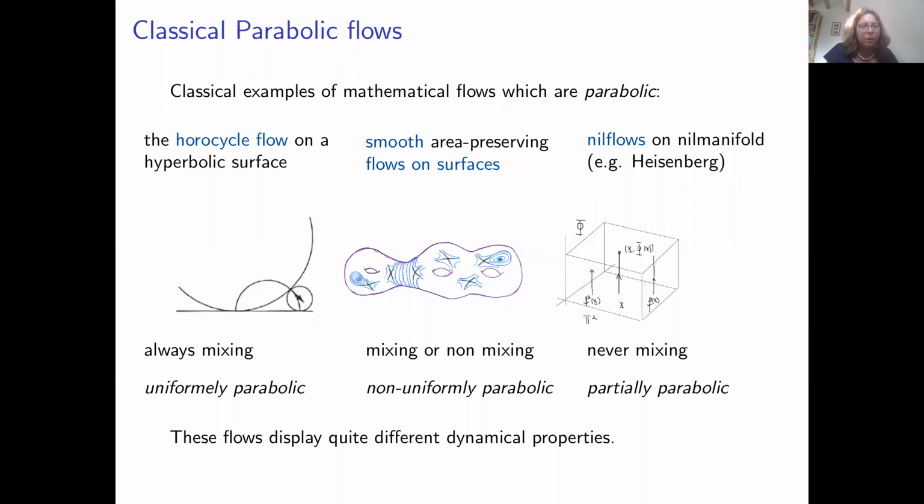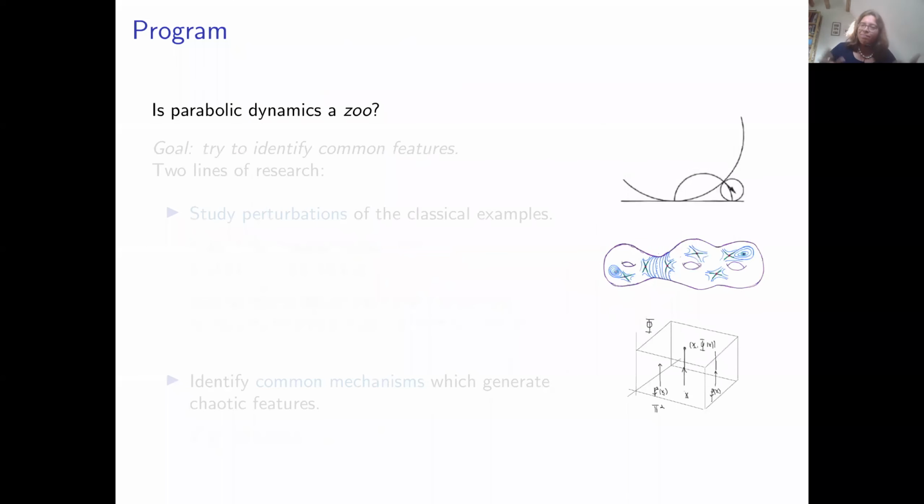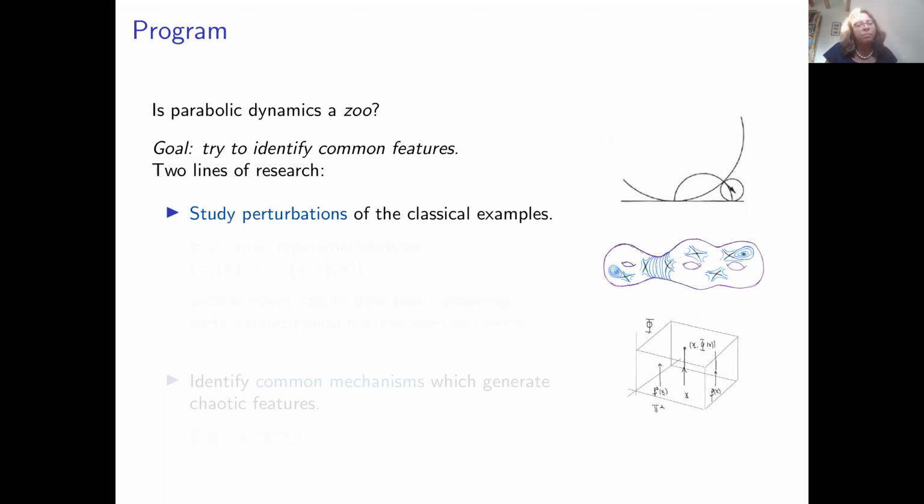So this is one way to make sense, but nevertheless, you could say, well, maybe parabolic dynamics is just a zoo. So there's no hope to have a general theory because there are too many different types of examples. But I want to convince you that actually you can still try to identify some common features. And my research in the past few years has been oriented by this program.